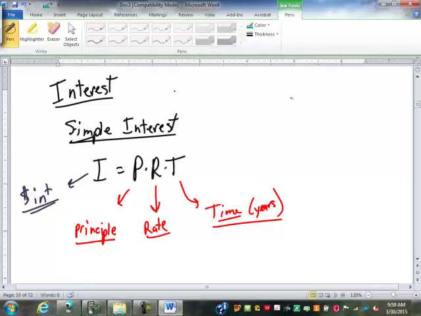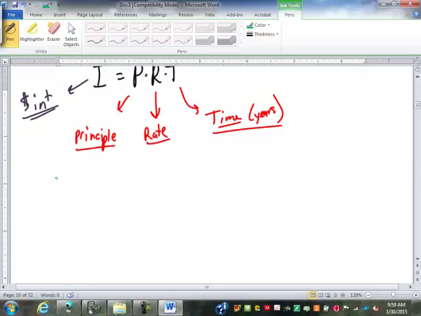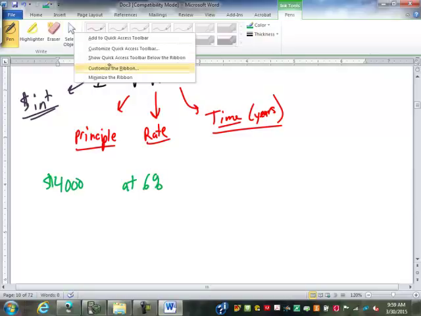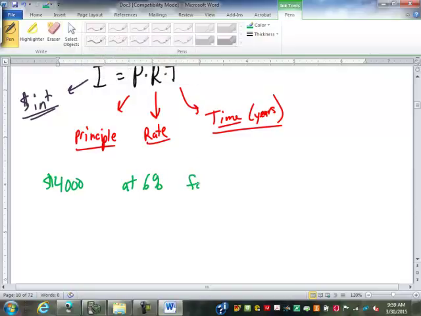So let's say we want to know how much interest we would earn on a $4,000 investment invested at 6% for 3 years.